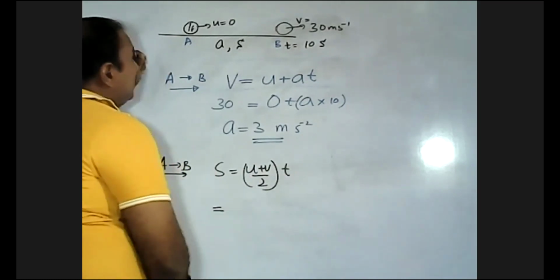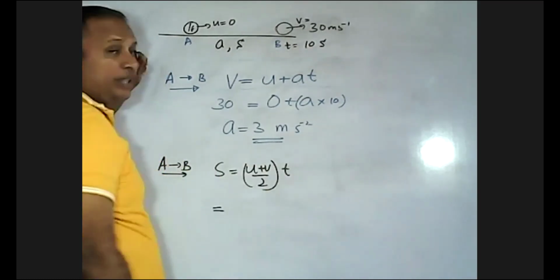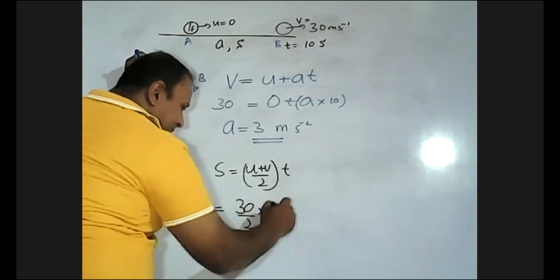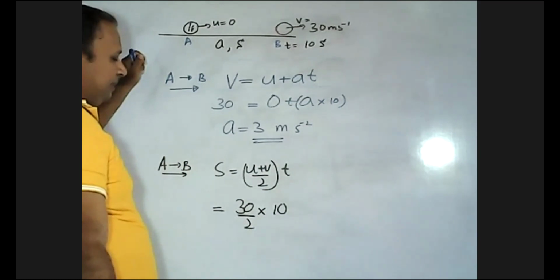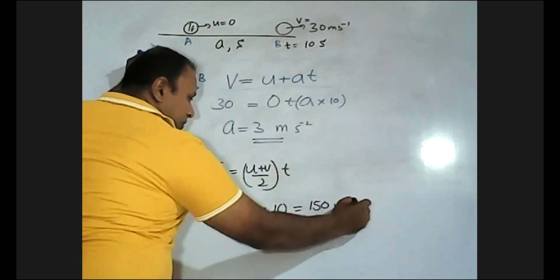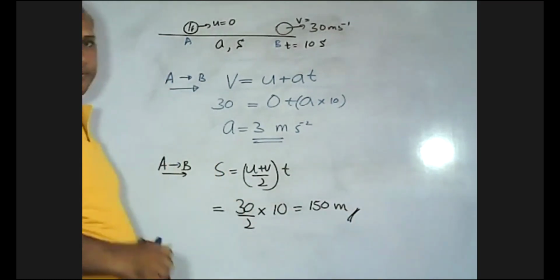So displacement is equal to 0 plus 30 over 2 times 10. That means 150 meters.